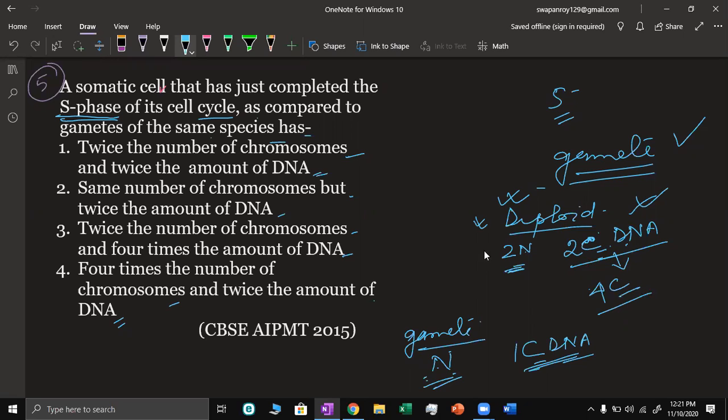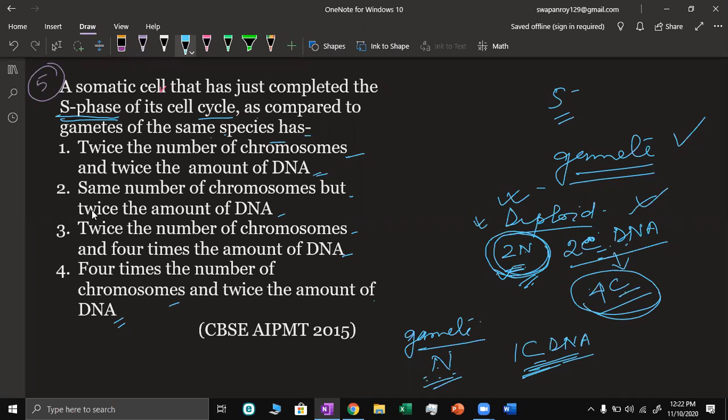But the number of chromosomes does not change. So the chromosome number remains double compared to the gamete, but the DNA amount is 4 times that of the gamete.